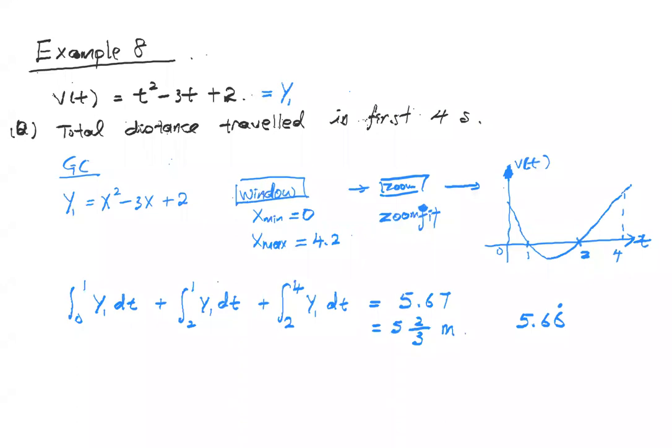So for part B, I told you already, if you integrate from 0 to 4, that will be the displacement. Am I right? So now you just integrate 0 to 4, y1 dt. So you will get that as a displacement. Understand?